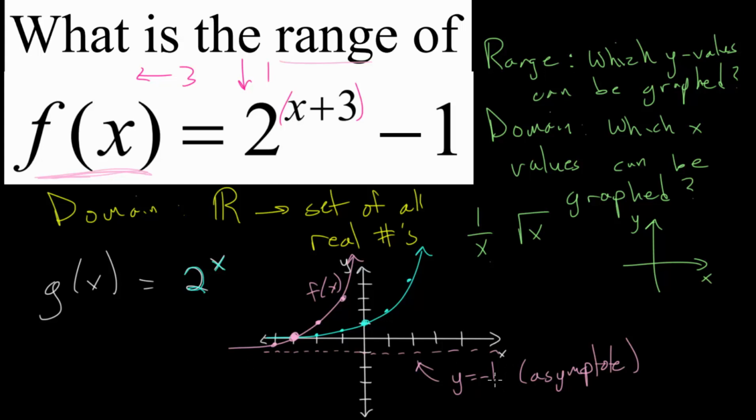But you need to be careful, because that exact y value at -1 is not actually included. It's not possible for this function to equal -1, just like it's not possible for this function to equal 0 when using real numbers as the inputs. So the lowest possible y value is just slightly above -1.